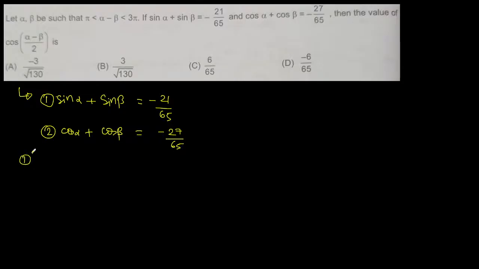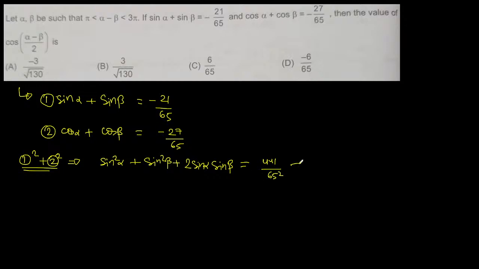So first square, second square, we have added. We are going to get sine square alpha plus sine square beta plus 2 sine alpha sine beta. This is 441 over 65 whole square, and this is 27 into 27 over 65 whole square.